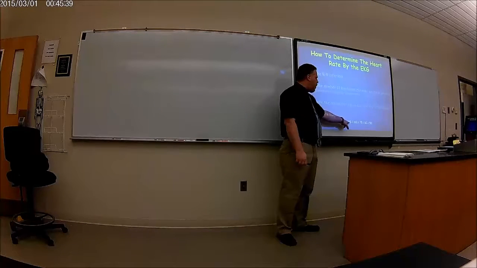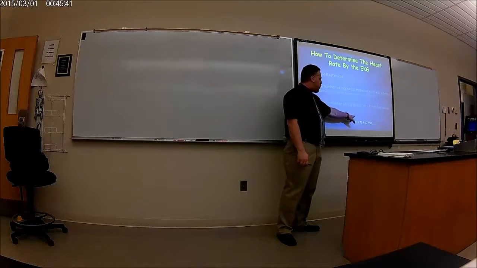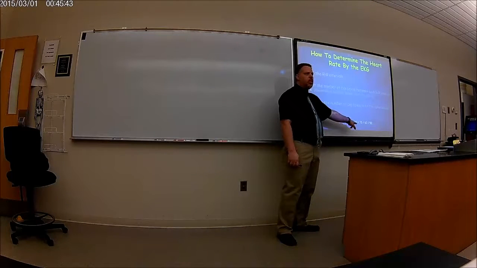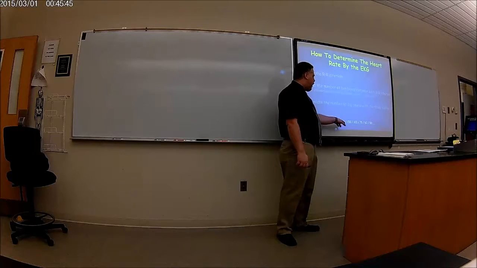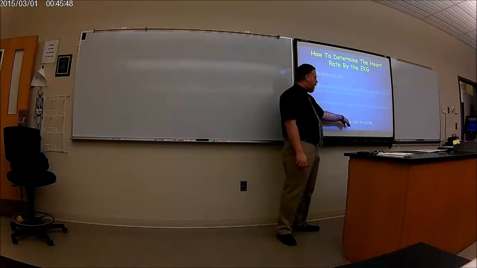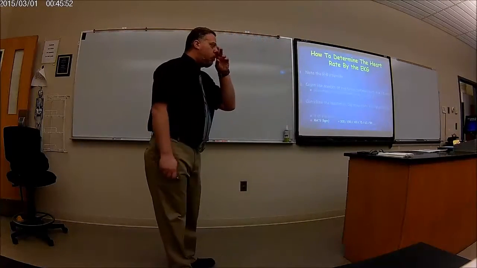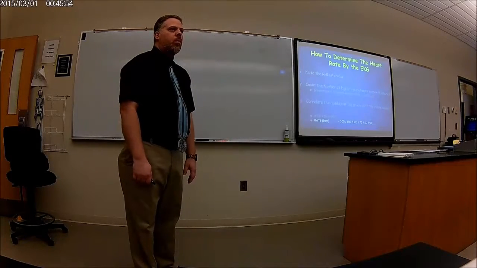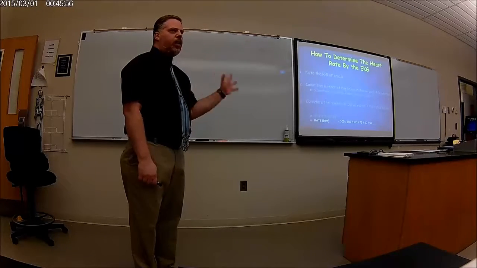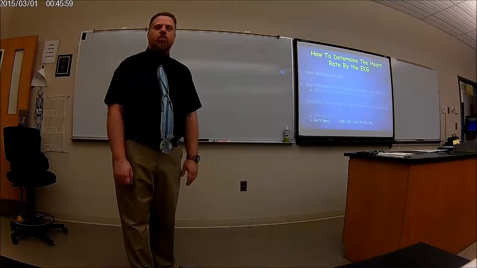If there's 2, it's 150. If there's 3 boxes, it's 100. So 300, half of 300 is 150. Minus 50, you got 100. Whatever you do to memorize them, but you should know it to at least 6. That's not too bad. If there's anything you got to memorize, that's not too bad.